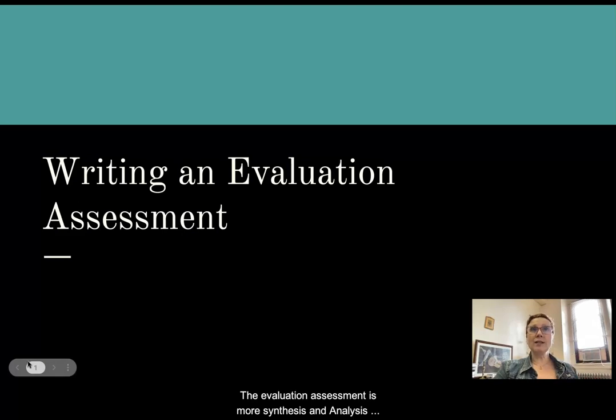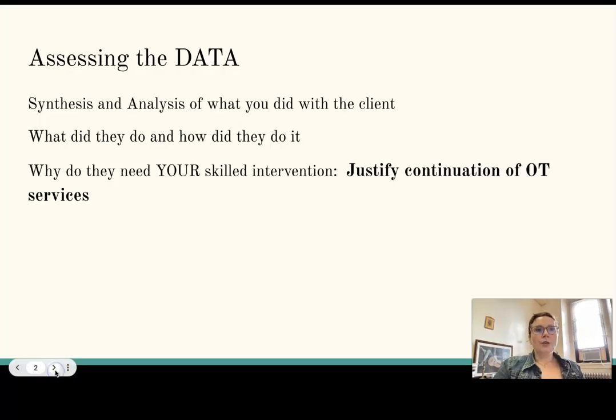The evaluation assessment is more synthesis and analysis of what information you gained from your evaluation. So really with the evaluation assessment, you're assessing the data. Everything that you gathered from your evaluation, you're now synthesizing and analyzing, what you did with the client or what they're able to do.